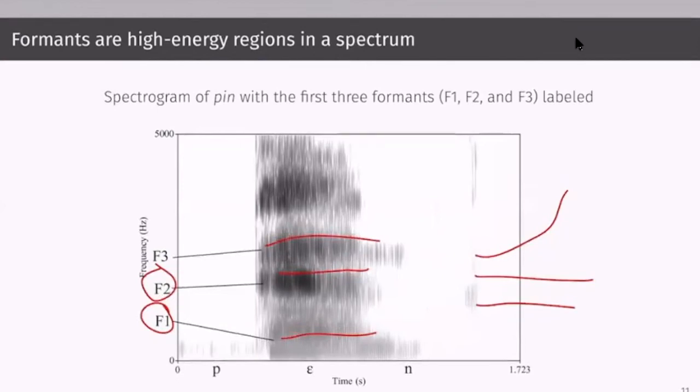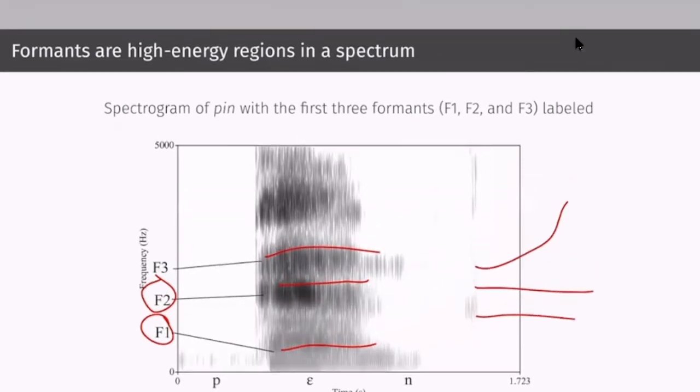So any questions about this? Formants are very important. Formants are actually important to consonants too, but they're especially important to vowels. Yes? You said there's like an infinite number of resonant frequencies for a vocal tract. How does that work?